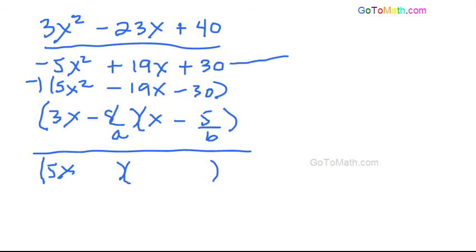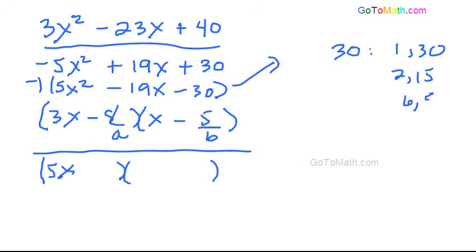Okay, so we're looking at this one here. Alright, 30. 1 and 30, 2 and 15, 3 and 5, so that's going to be 6 and 5.